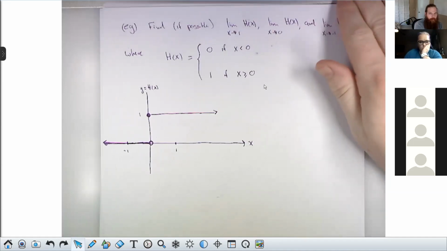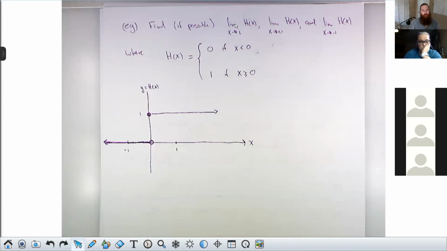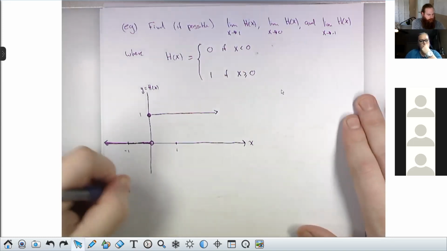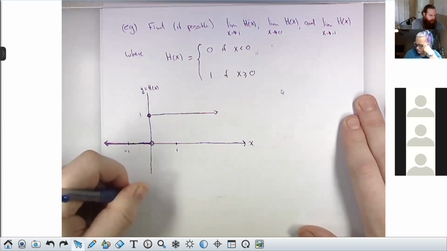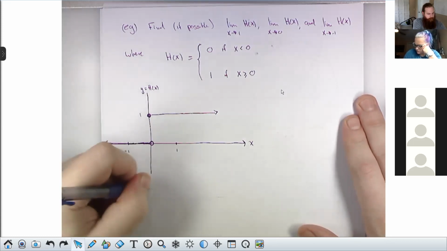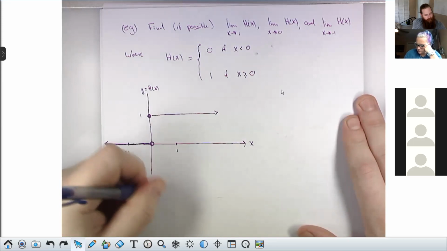So we've got 3 limits we want to sort out, which means we've got 6 limits that we need to think about overall. We need to think about the left and right limit for each of these guys. So let's look first at the limit as x approaches 1 from the left of h of x.